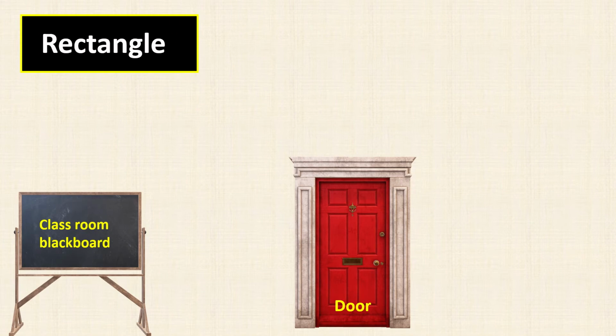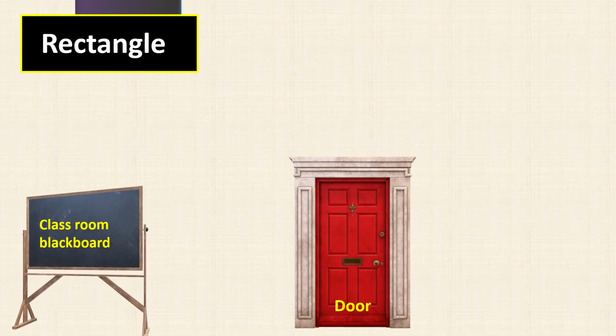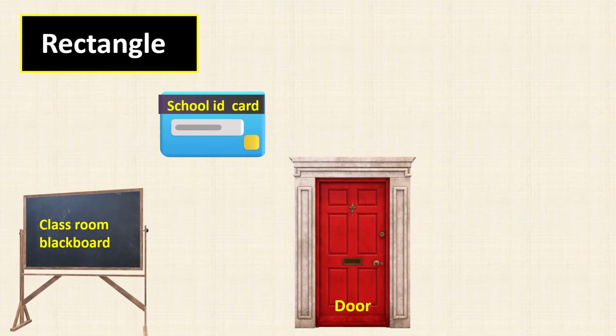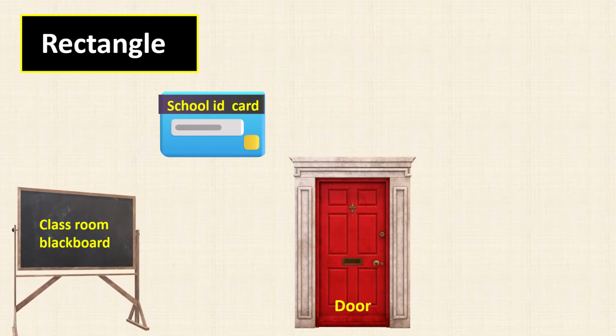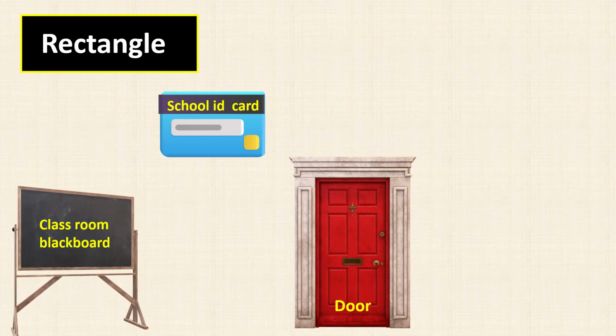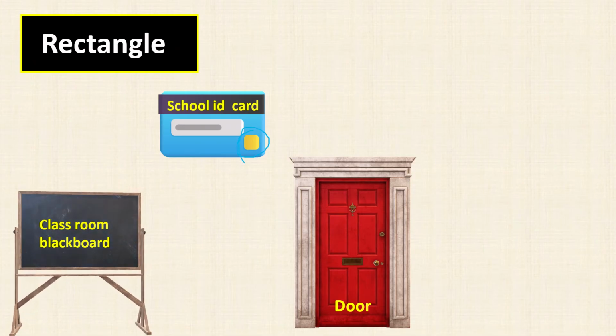When you enter your school, you first look at a blackboard, which is like that. The second one is your school ID card, where the name, your father's name, your school name, your class, your age, and your little photo are written.